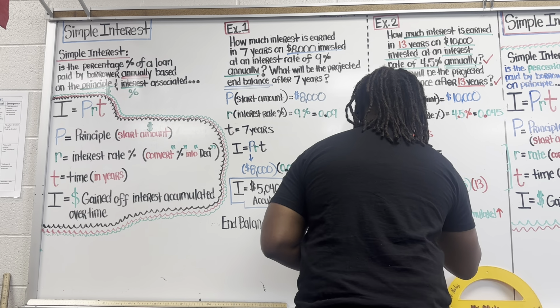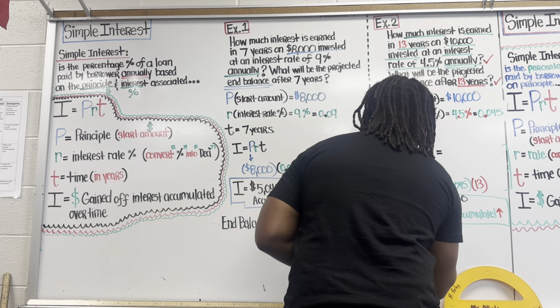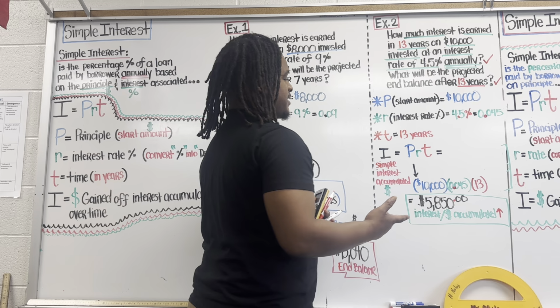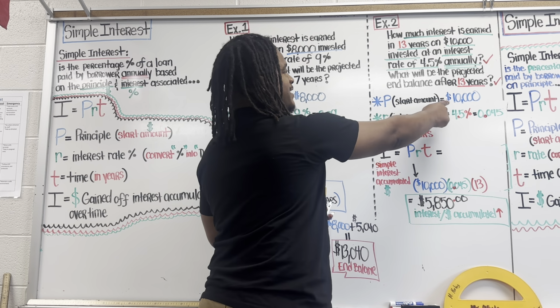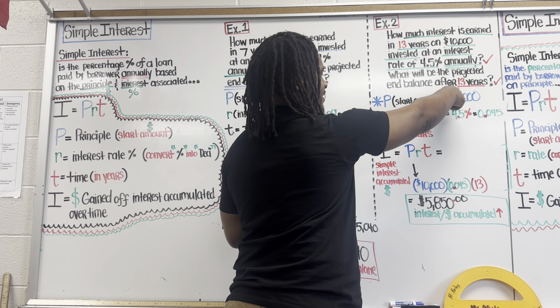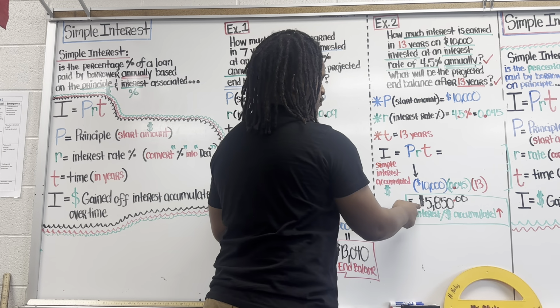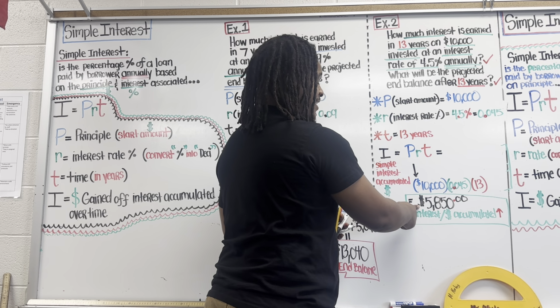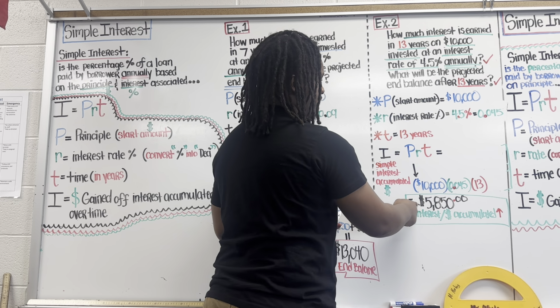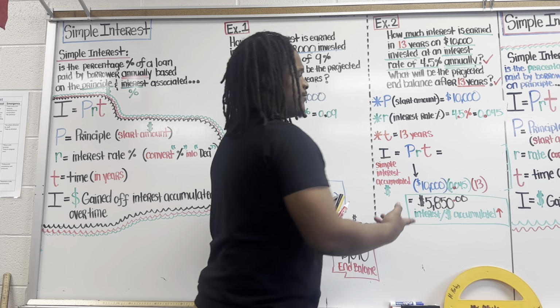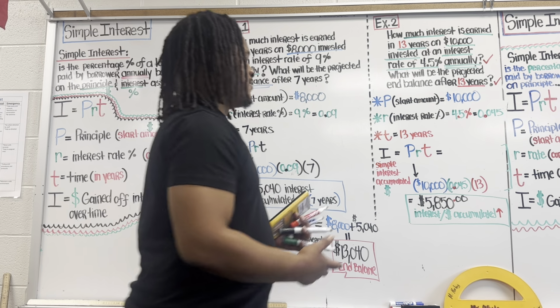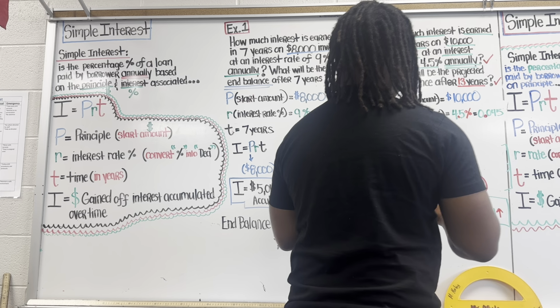Now, we're going to answer the last question, and the last question is asking, we started off with $10,000. In the next 13 years, my account is going to grow another $5,850, then what will be my end balance? Okay, so here's how we calculate the end balance, guys.